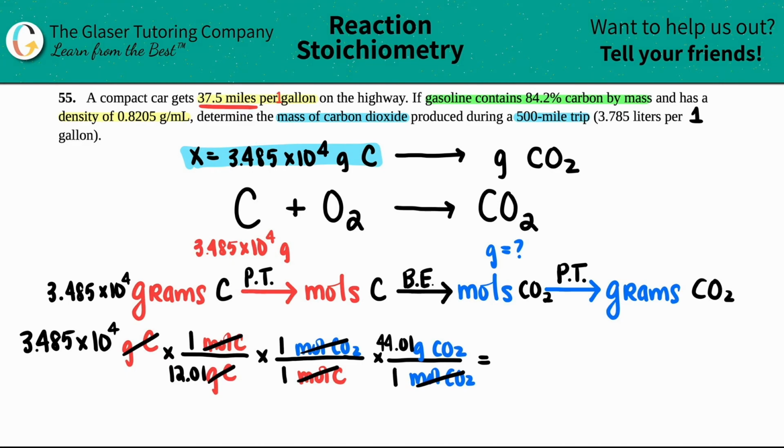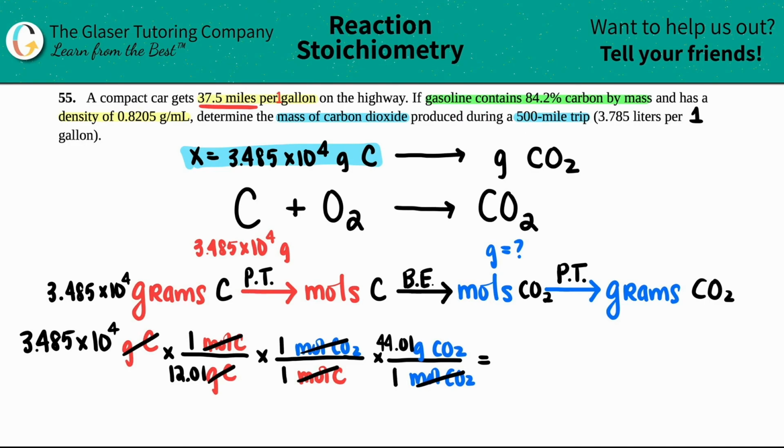Determine the mass of the carbon dioxide produced during this trip. So I have 3.485 times 10 to the fourth divided by 12.01 and then multiplied by 44.01, and I get a big number. Looks like I need 3 sig figs. Technically this has 1 sig fig, but I'm going to go with 3, pretending maybe they thought this was 3 sig figs.